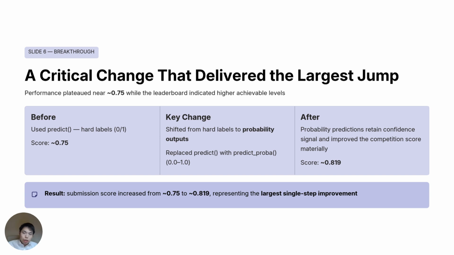After I made this change, the improvement was dramatic. My Kaggle score jumped to around 0.819, and this was the largest gain in the entire project, larger than all the feature engineering gains combined. For me, this was a key lesson: sometimes the biggest improvement comes from using the model output correctly, not from adding complexity.